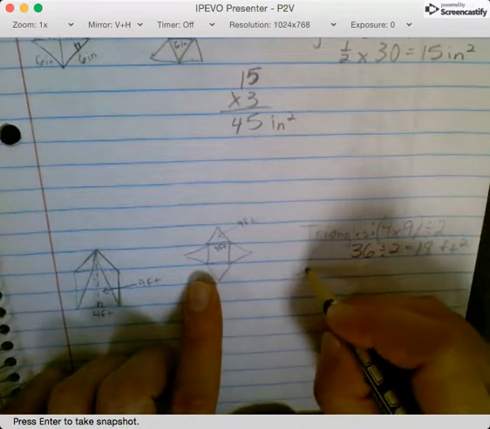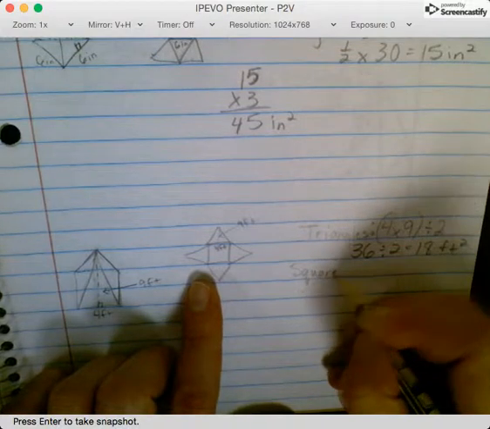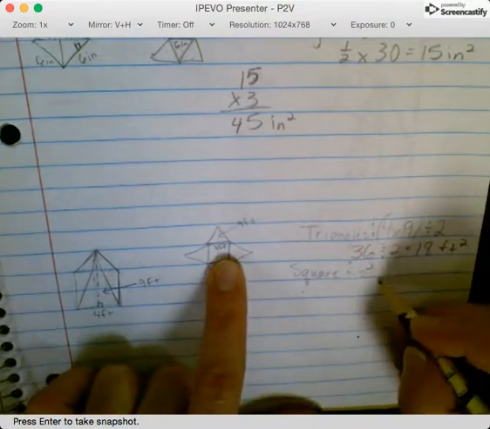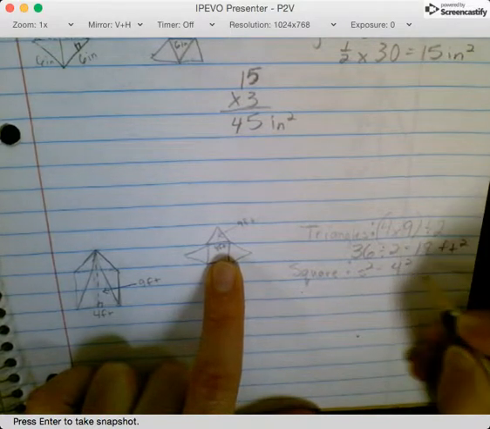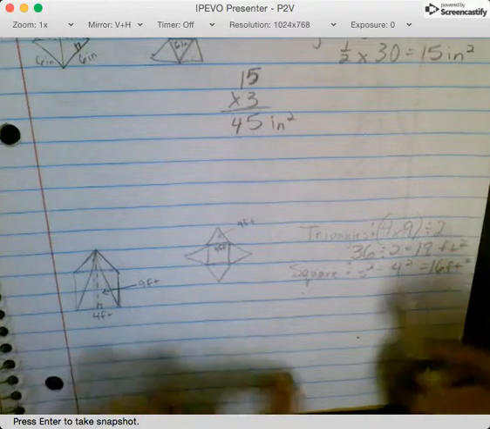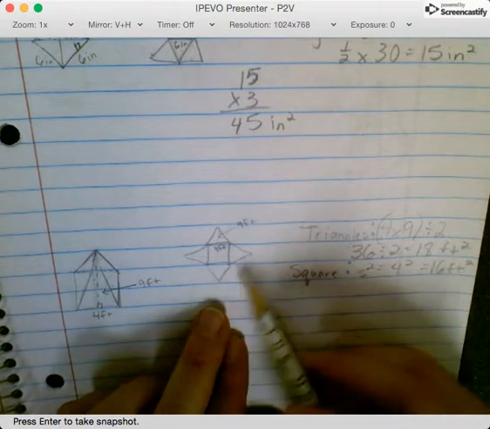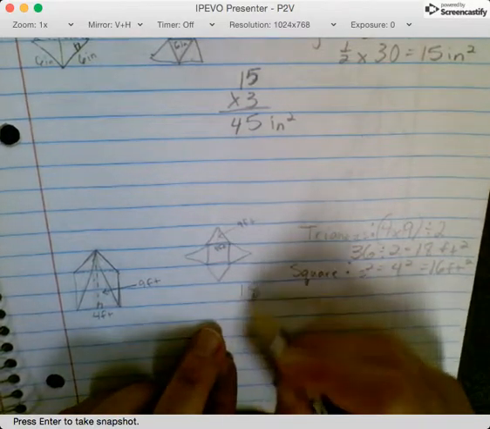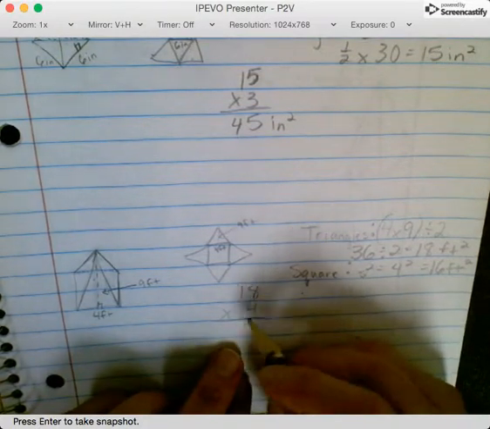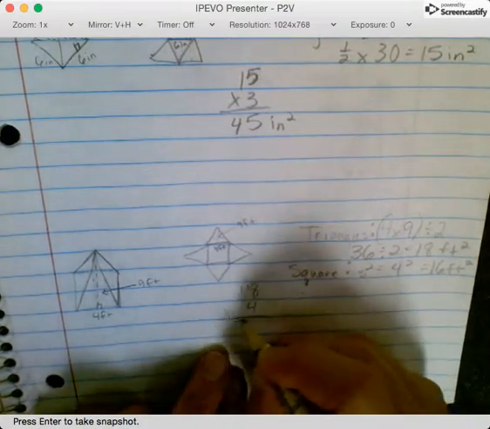And then the square is a side squared, remember? So if I just take my 4 and I square it, I get 16. And so that would be that one. Now I have 4 triangles. So what I have to do first is multiply my 18 by 4. And I should get 72.